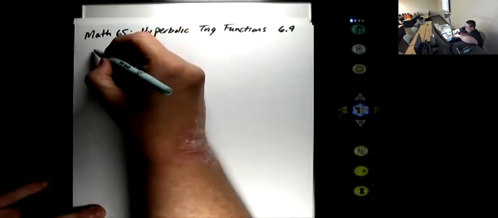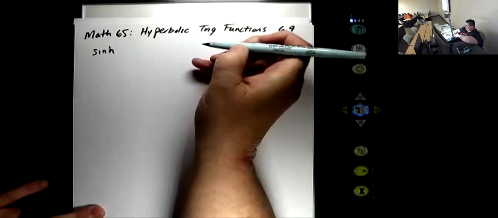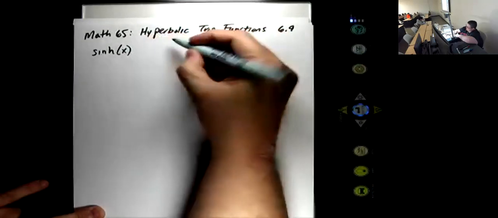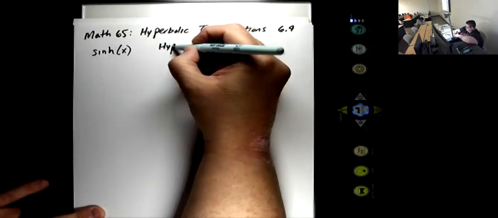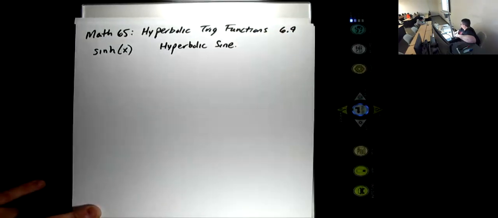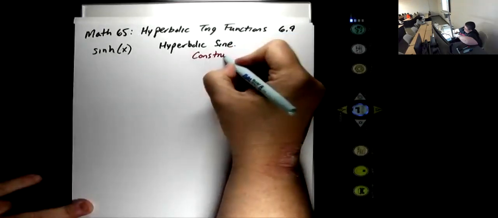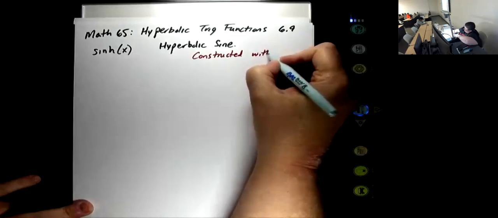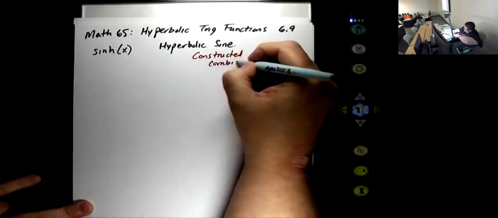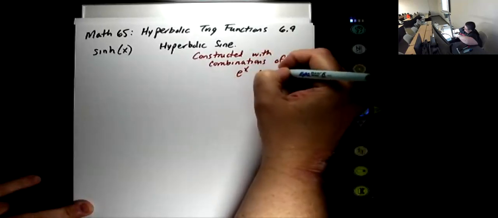Hyperbolic functions. We have hyperbolic sine, which goes by sinh, sine h. That's our hyperbolic sine. The hyperbolic functions are constructed with combinations of e to the x and e to the negative x.